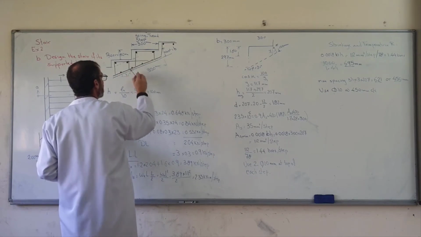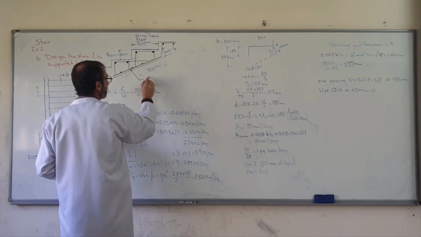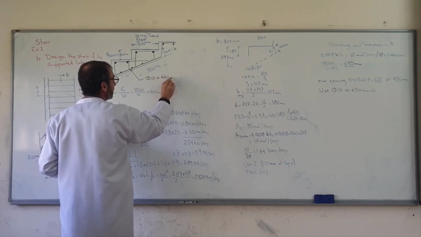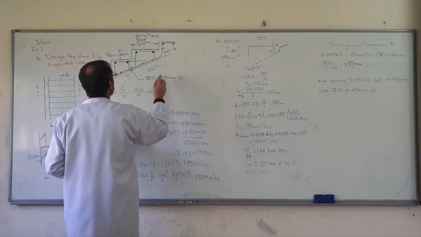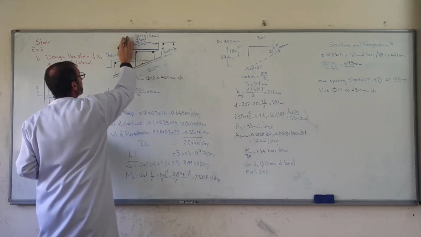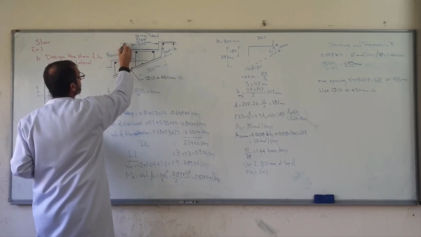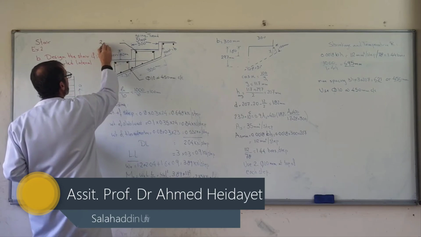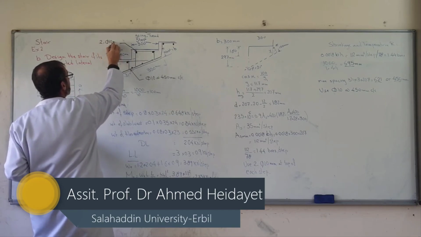All this reinforcement is secondary. We use phi 10 at 450 millimeters center to center, except these two bars here at top. We use 2 phi 10 millimeters.